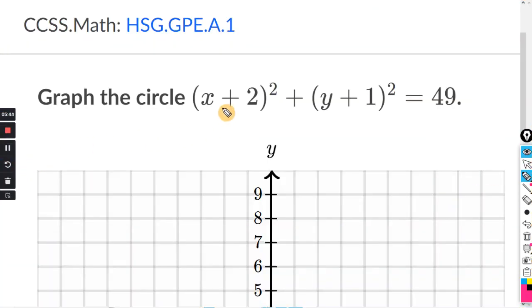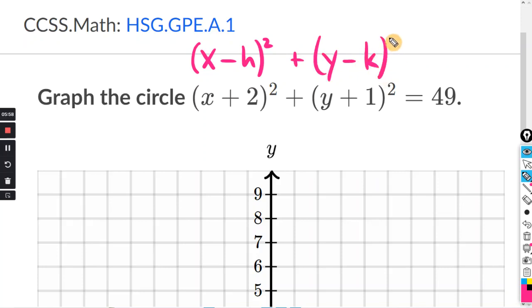All right, last one. Here's the circle equation. I'll write the circle equation right here. (x minus h) squared plus (y minus k) squared equals r squared. We can see that -h equals +2. So h is just going to be -2. Once again, you just change the plus-minus sign right here. We can see that -k is +1.